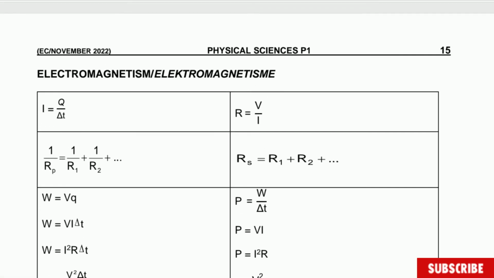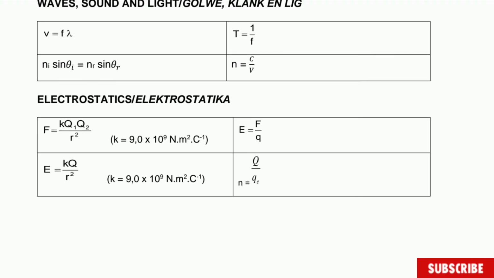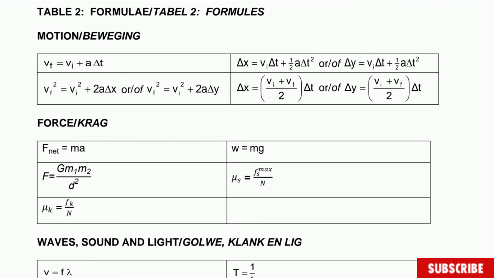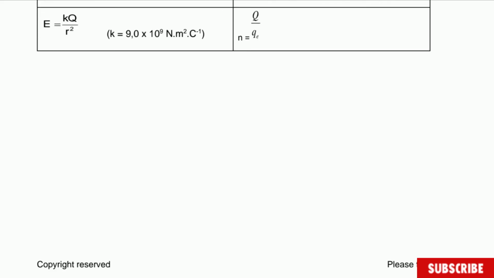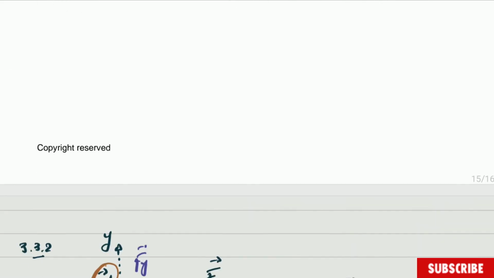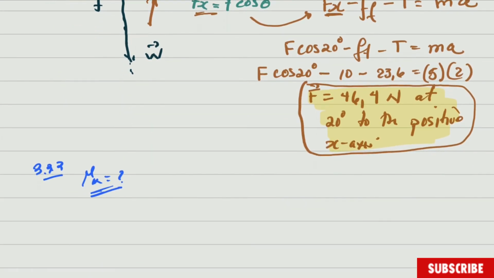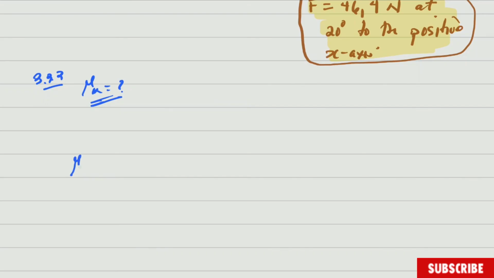If you come to forces here, guys, you have a formula which is this one. This one can help us calculate the kinetic coefficient of friction. Let's write it exactly as it is in the formula sheet: the kinetic coefficient of friction will be equal to frictional force divided by the normal.